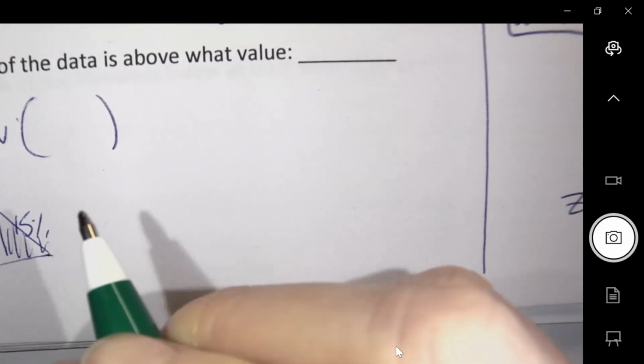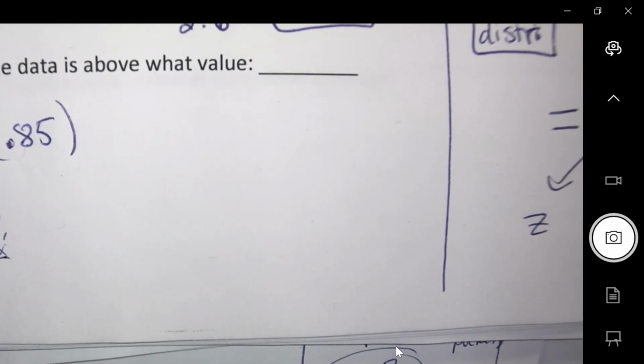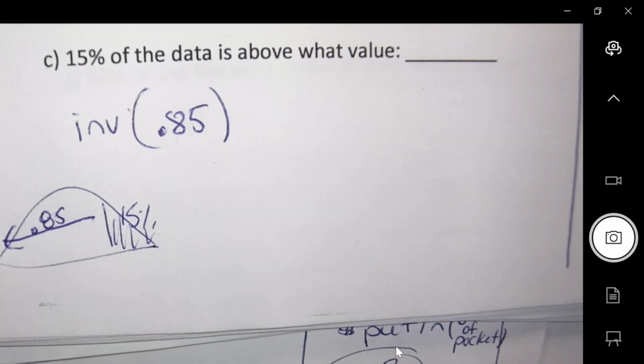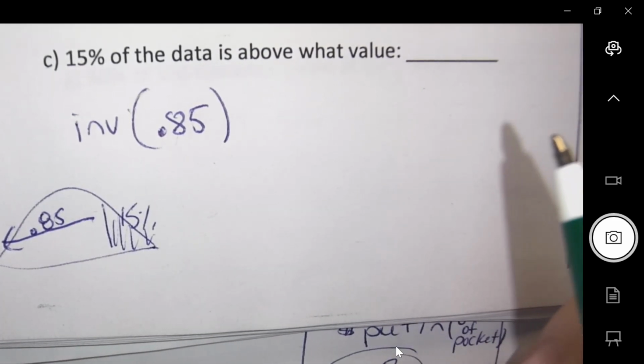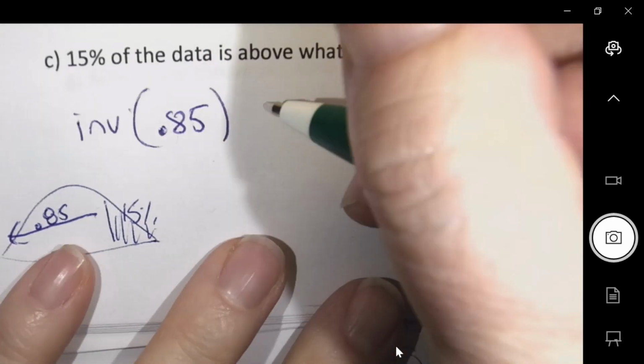What do I have to put? I need to type in what is below me. So 15% are above me. I got to type in the below. And also, if I did it wrong, I would know because my z-score wouldn't come out the way I wanted to with positives and negatives, right?